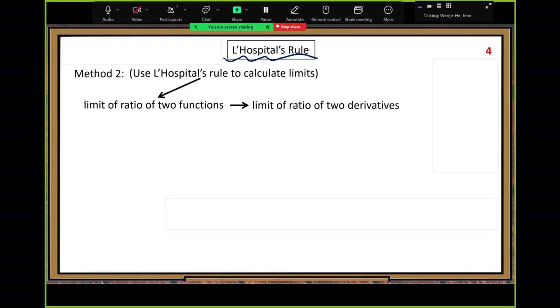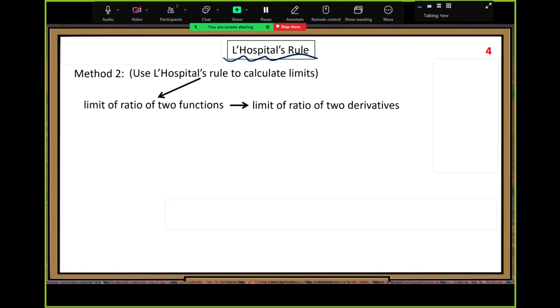L'Hopital's rule is a powerful tool to calculate limits. Otherwise, if you do not use it in this situation, it could be very hard.